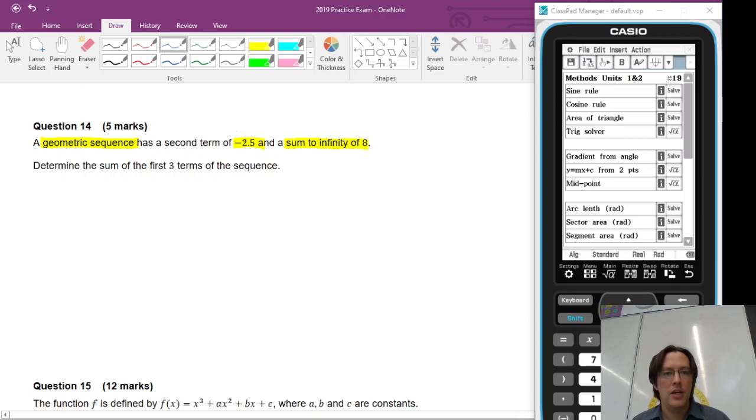Right here, we've got two equations that we can work with. Our sum to infinity equation is a over 1 take r.